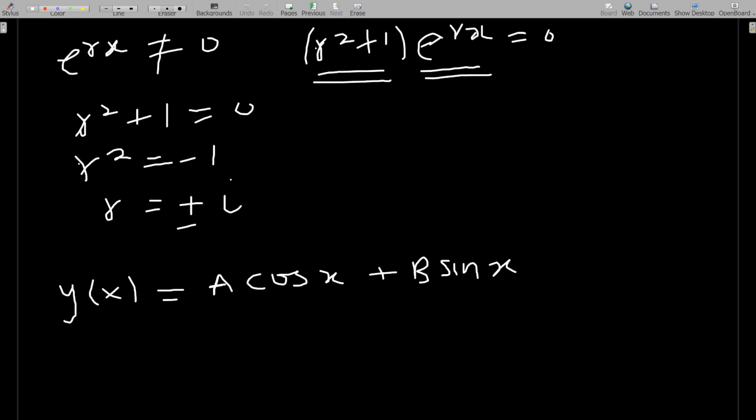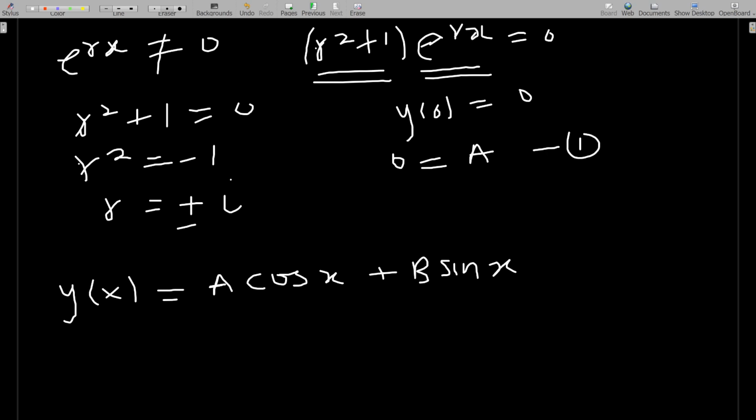Y of 0 equals 0 means that wherever I see x, I put 0 there and equate it to 0 in this general solution. So I have 0 is equal to a cos 0, cos 0 is 1, plus b sine 0, sine 0 is 0. So it means that a is equal to 0.